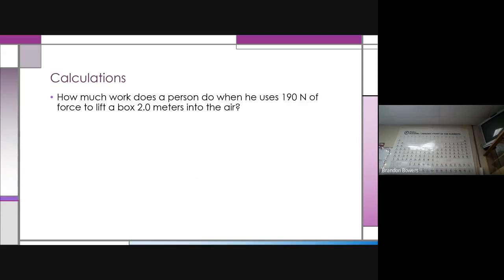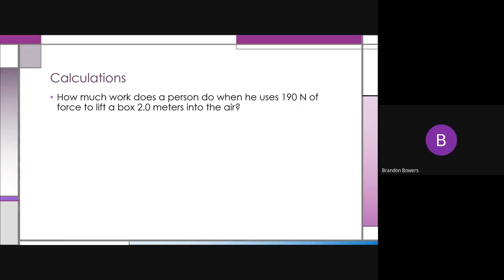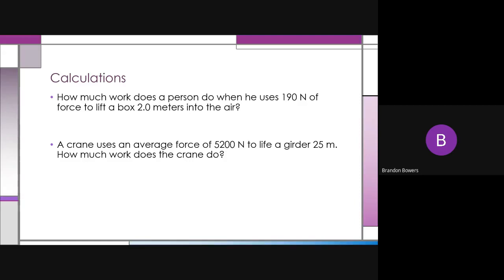Because if we look at my force, he has 190 newtons of force, times the distance, which was 2, so 190 times 2 is 380. Beautiful. How do we feel on that? Pretty good. That's work. We're over halfway done. I have some extra problems, but once again, you just multiply the two.